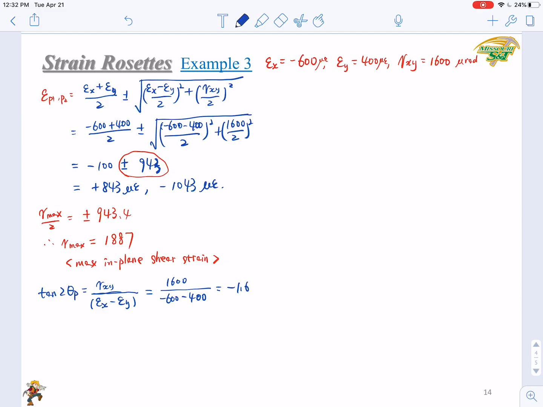So you can solve it: 2 theta p equals negative 58 degrees. So theta p is negative 29 degrees.